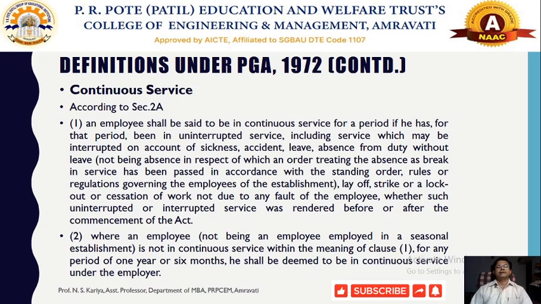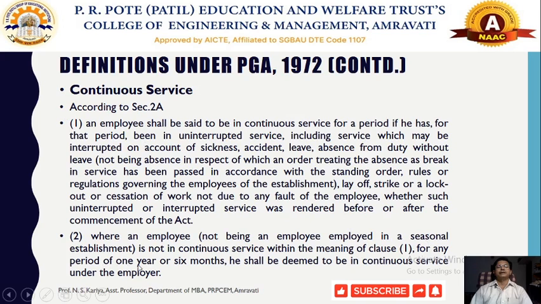Whether the employee is not an employee employed in a seasonal establishment and is not in continuous service within the meaning of the clause, it means employees belonging to seasonal industries or seasonal factories. There is a minimum condition; clause 1 would not be applicable for seasonal establishments.